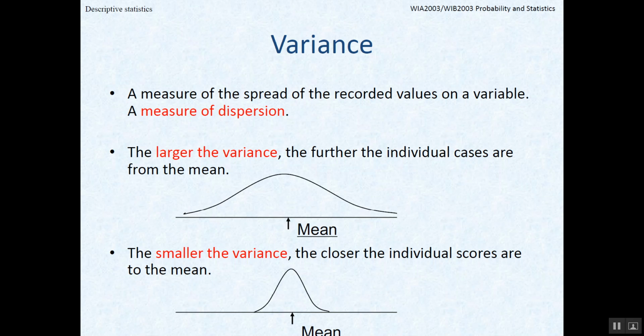Say in my class there are 30 students and the CGPA average is 3.0. Variance basically tells us how far all the students in that group are, in terms of CGPA, from the mean value.